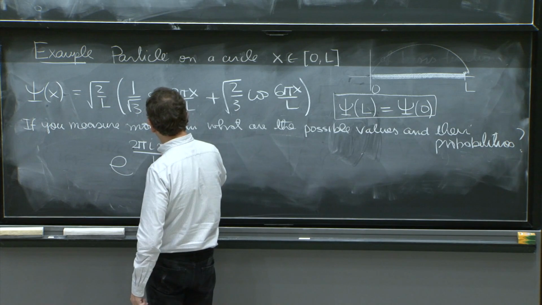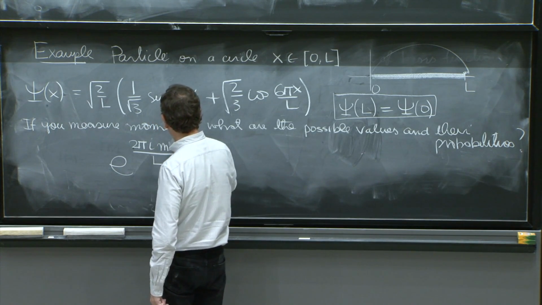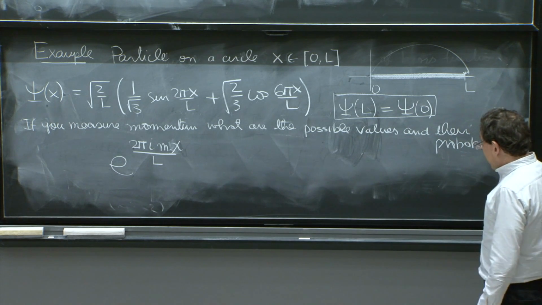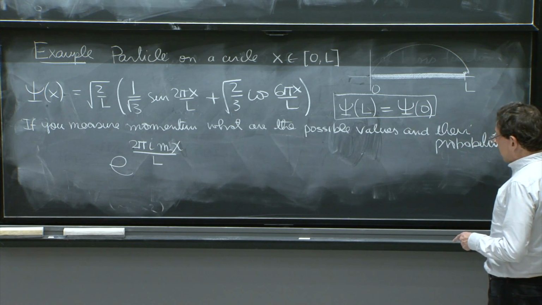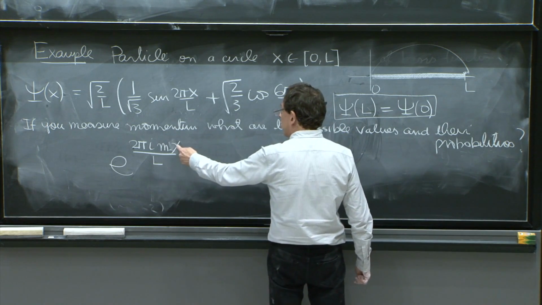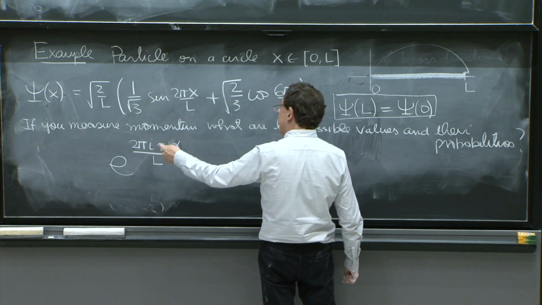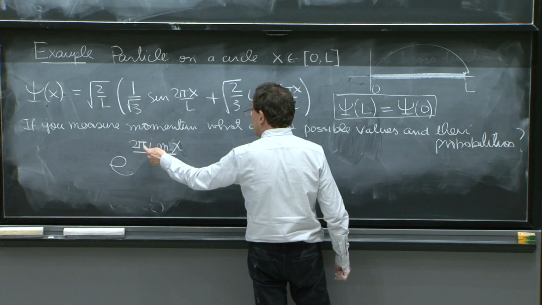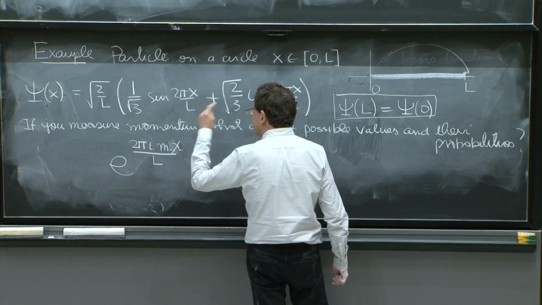Suppose you have a number m here. Then the good thing about this is that when x is equal to 0, there's some number here, but when x is equal to L, it's a multiple of e to the 2 pi i, so that's periodic.